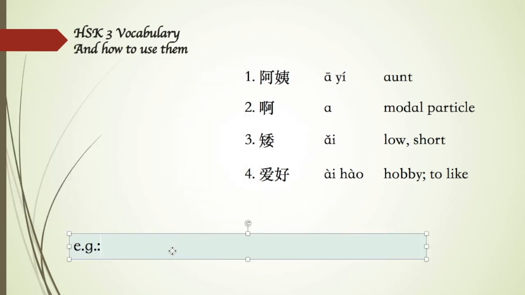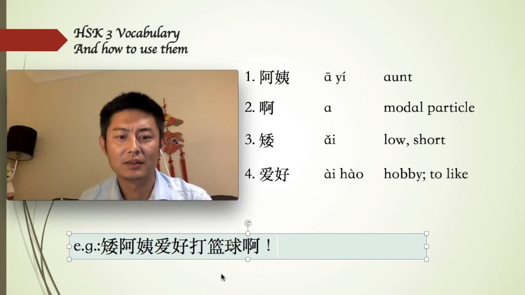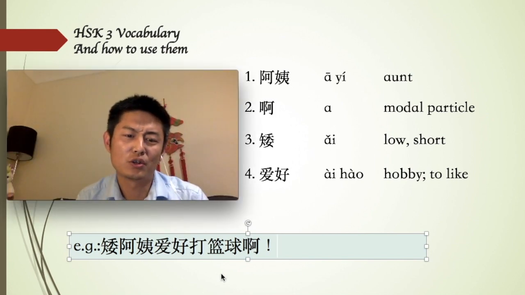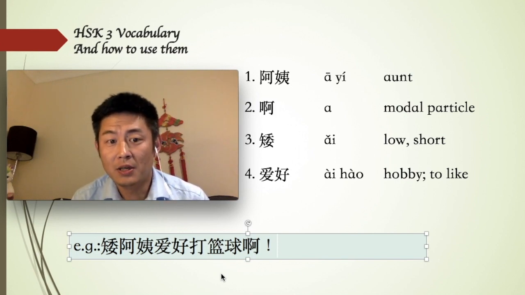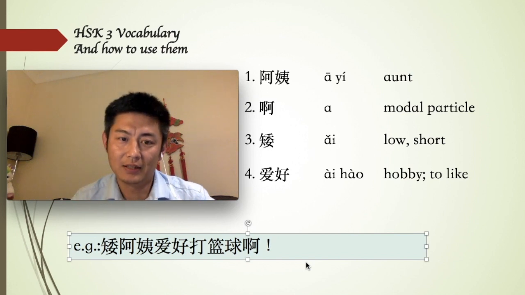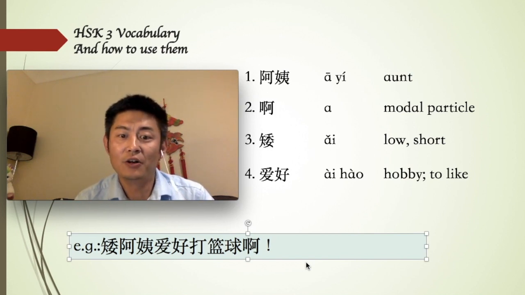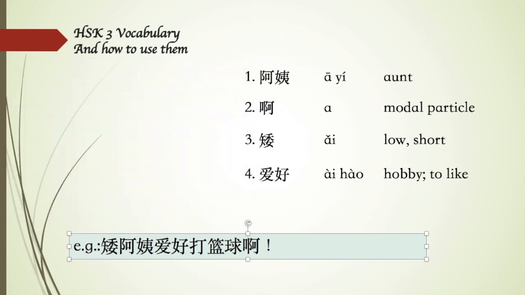Maybe 矮阿姨爱好啊，矮阿姨爱好打篮球啊。Maybe, I don't know. 矮阿姨, short aunt, sounds like a bit of a nickname, so it could work in some contexts. Let's just leave it like that. Then, 矮阿姨爱好打篮球啊。Short aunt loves to play basketball. Right. Now let's move on to the last one.